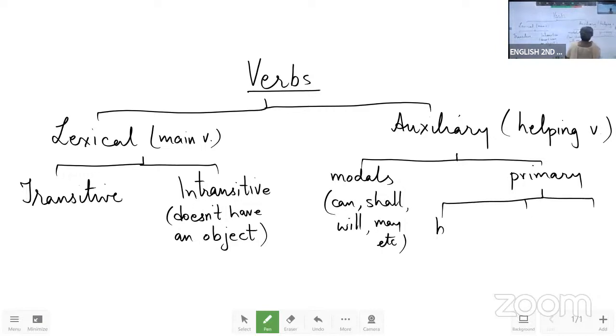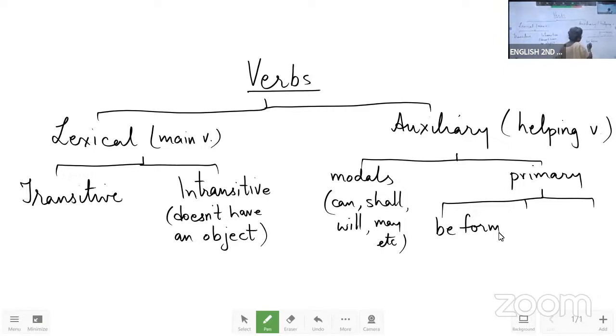Now, what do you mean? Because in your material, it is written be form. But what is be form? When we ask the children, they look either confused or they say being, being.